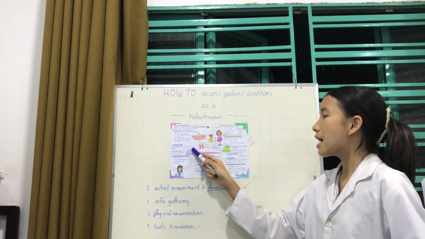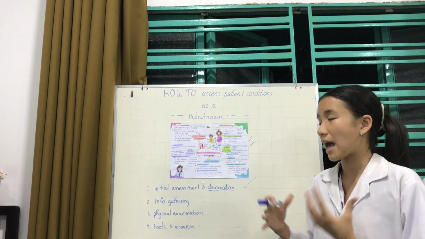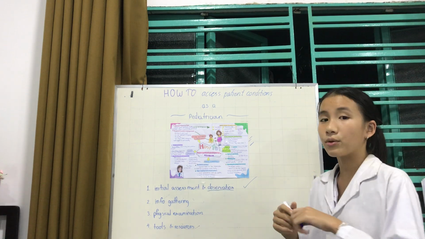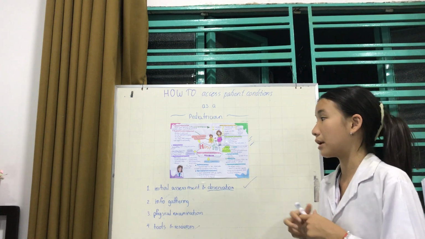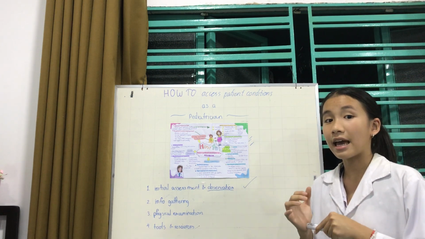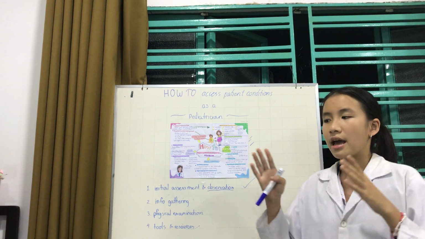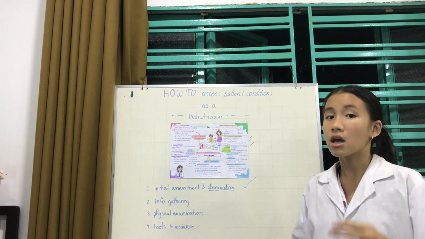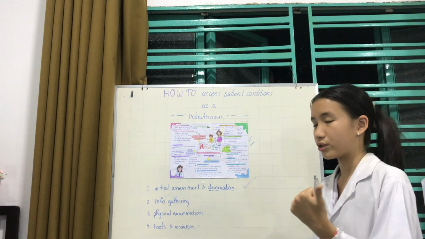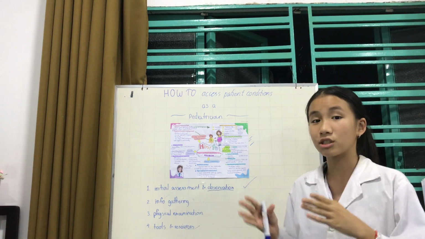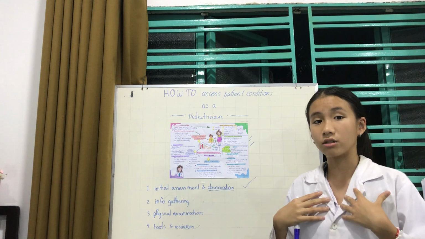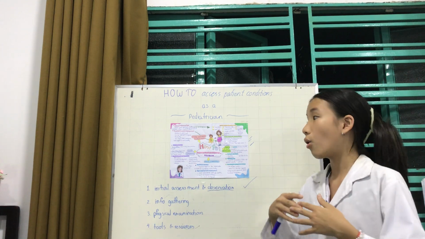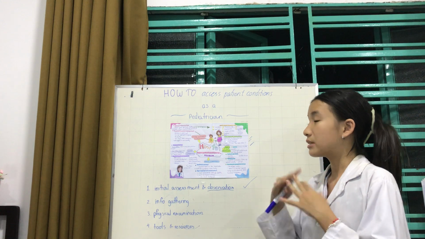Next is information gathering. Information gathering includes 2 parts: history taking and key historical components. History taking can involve 2 age groups, but they are both juveniles. Firstly, young children: when taking their medical history, I can talk to their caregiver or a parent.